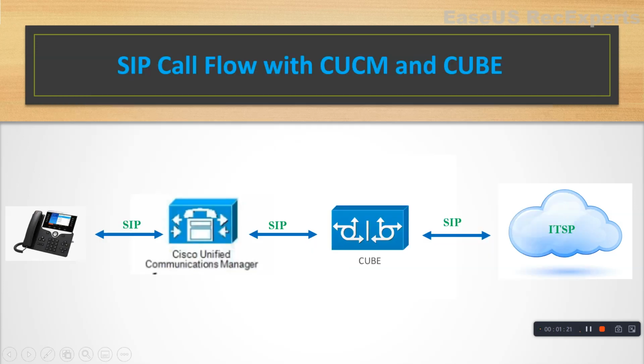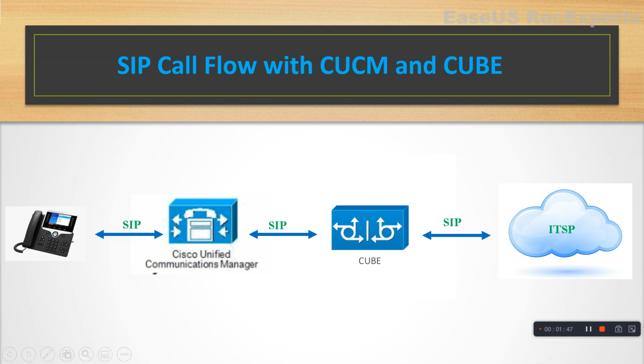So our call flow would be: we have an IP phone registered to call manager. It's a SIP IP phone. Then we have a SIP trunk between the call manager and a Cisco Unified Border Element, and again a SIP trunk between the CUBE and the provider. It's an ITSP, Internet Telephony Service Provider.